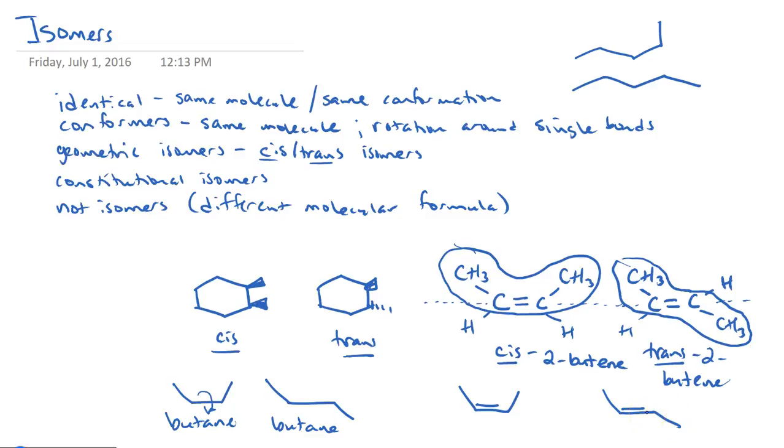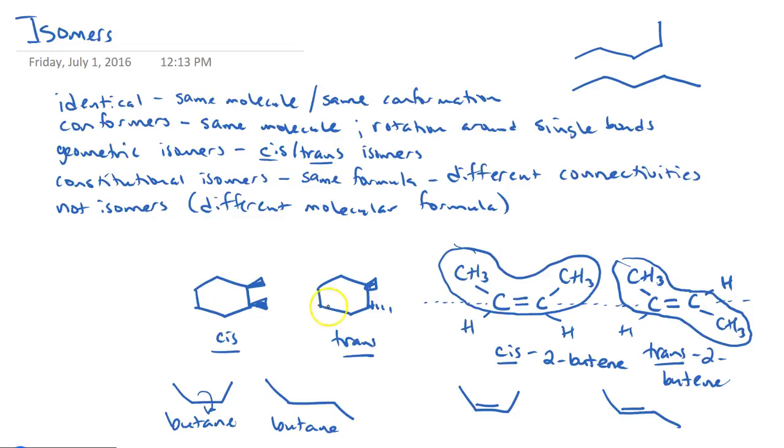So you can have geometric isomers in two ways: when you have rings and when you have double bonds. Those are the two types. Then we have constitutional isomers, which we defined in this activity, right? The same molecular formula, but different structures, and I'm going to use the word connectivity because that's more specific than structures.